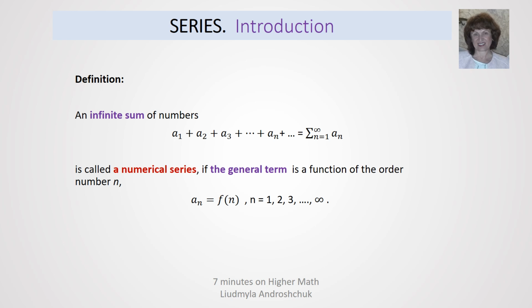So the definition: an infinite sum of numbers a sub 1 plus a sub 2 plus a sub 3 and so on is called a numerical series if the general term is a function of the order number n.